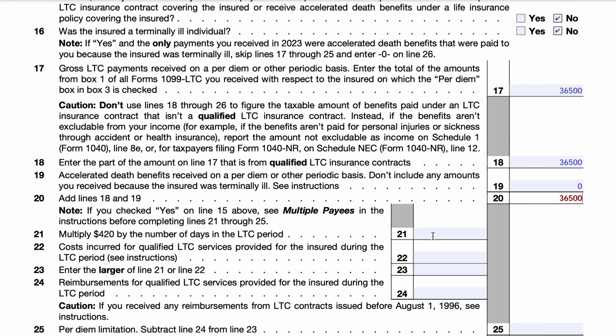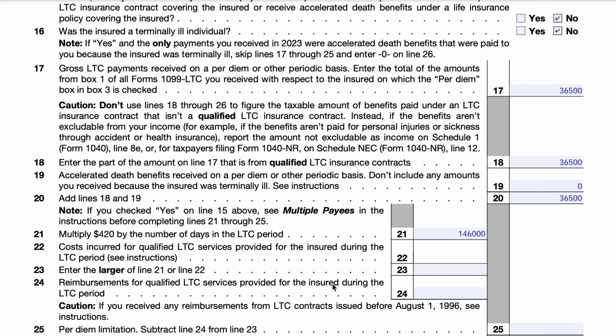So $420 multiplied by the number of days in the long-term care period, which in this case is 365. And that comes out to $146,000. Let's say that John Doe pulled out $36,500.